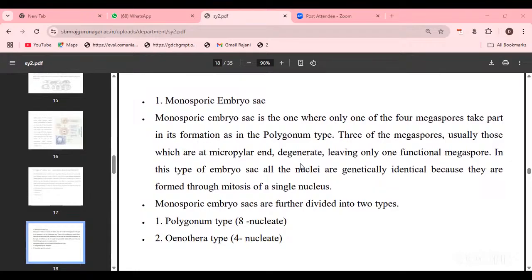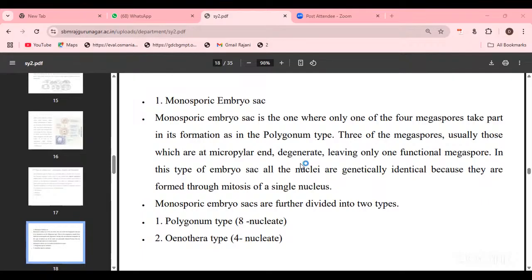The monosporic embryo sac is the one where only one of the four megaspores takes part in the formation, as in the polygonum type.